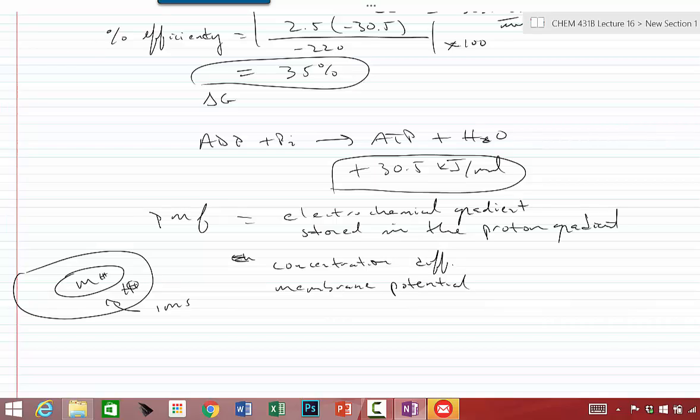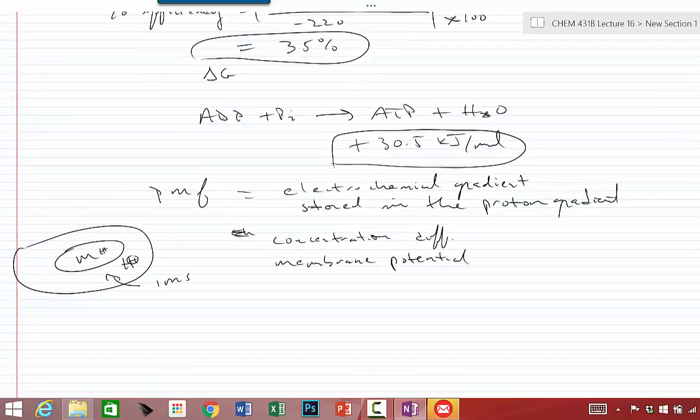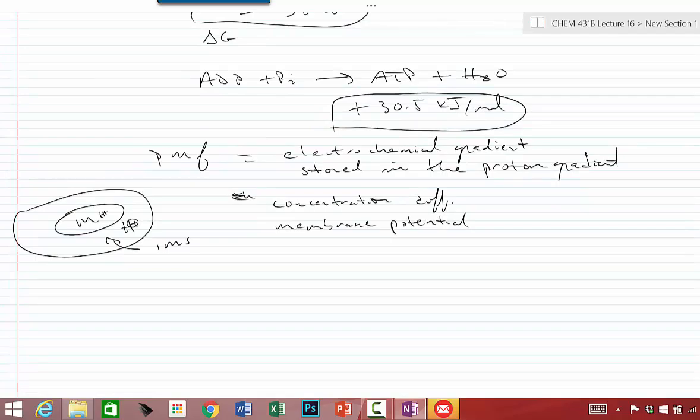So let's use an equation to figure out how we can relate this information to delta G, because we want to compare the delta G under standard conditions of NADH oxidation, which we already figured out was minus 220 kilojoules per mole.